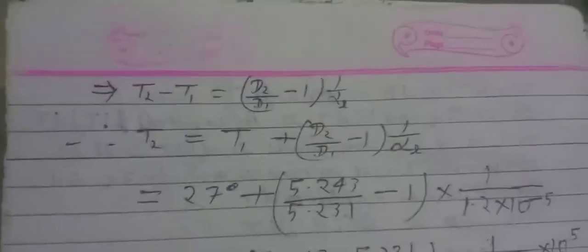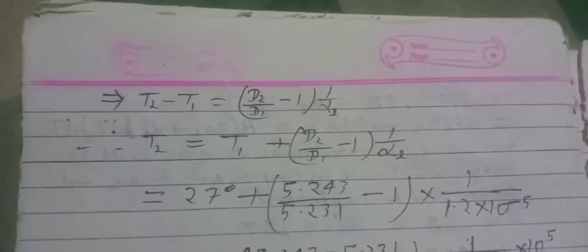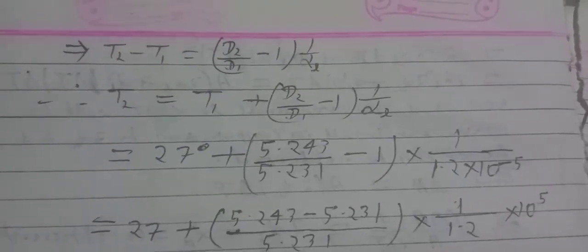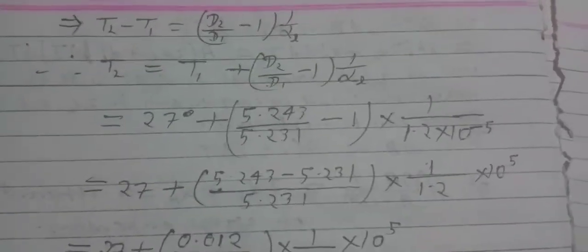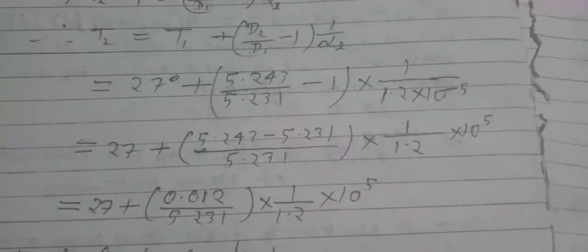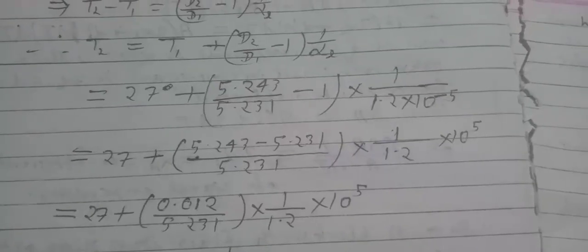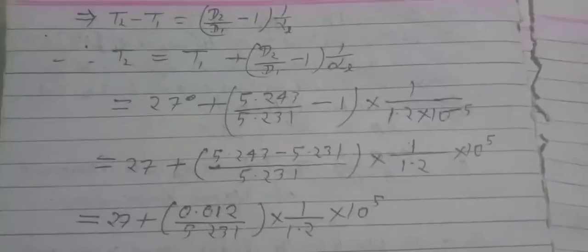This implies t2 minus t1 equals bracket d2 by d1 minus 1 into 1 by alpha L. Hence t2 equals t1 plus bracket d2 by d1 minus 1 into 1 by alpha L. Putting in all values and solving, finally we get 27 plus 0.012 by 5.231 into 1 by 1.2 into 10 to the power minus 5 Kelvin. Answer.